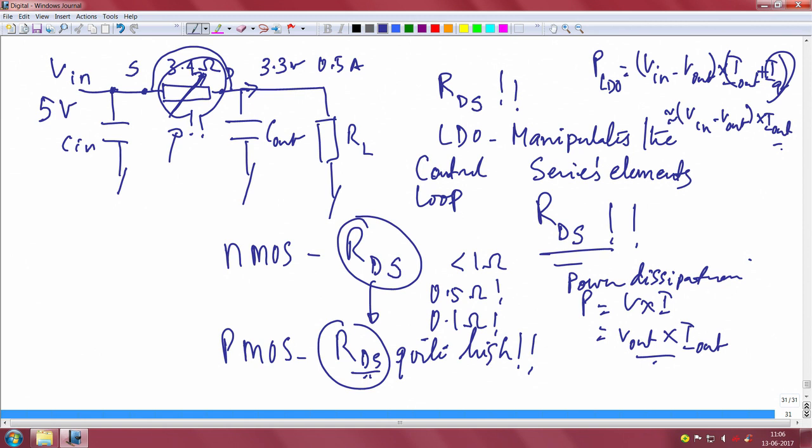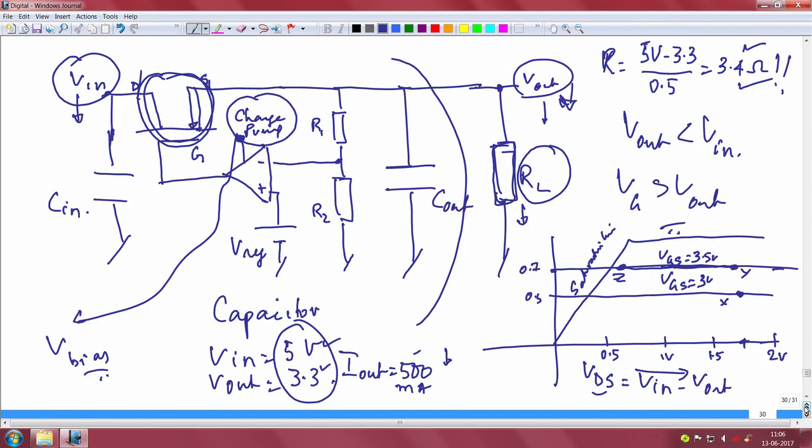Here, just to complete the discussion, you can see that in order to ensure that the regulator with an N channel MOSFET is providing regulation, we had to provide sometimes higher voltage at the gate, and this is typically done using a charge pump.